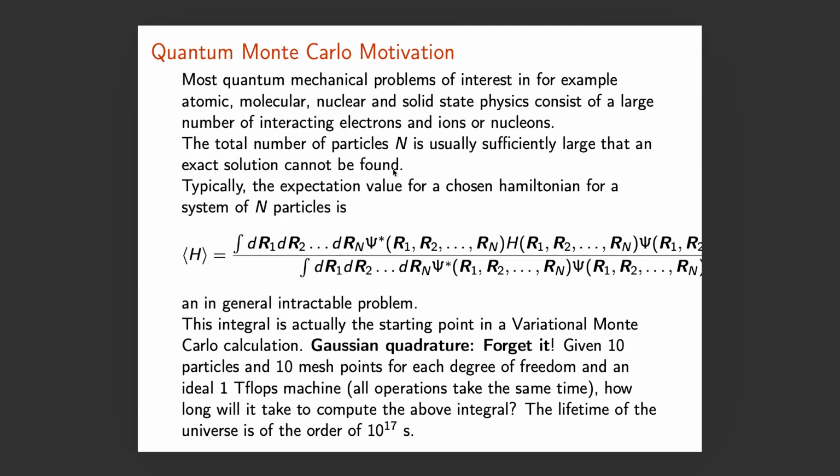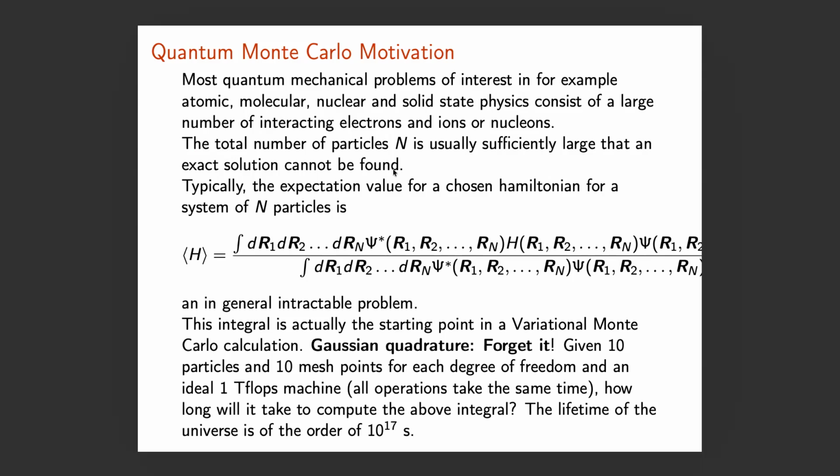If you think of 10 integration points and you want to use the trapezoidal rule, or if you know more, the Gaussian quadrature, for instance, then if you use 10 integration points in each direction, x, y, z, for every particle, since this is a 30-dimensional integral, you would have to do 10 to the 30 numerical evaluations.